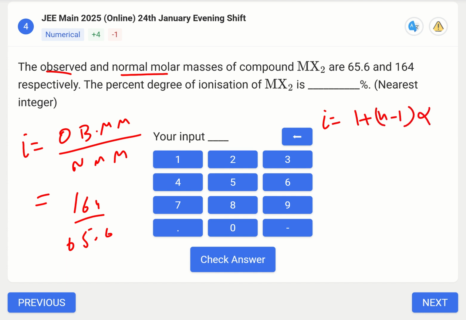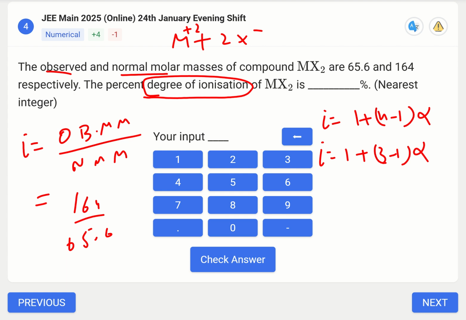We need to calculate the degree of ionization, which means alpha we need to calculate. So why shouldn't I compare them? MX2 will give M2+ and 2X-. So i is equal to 1 plus (3 minus 1) into alpha. Right?